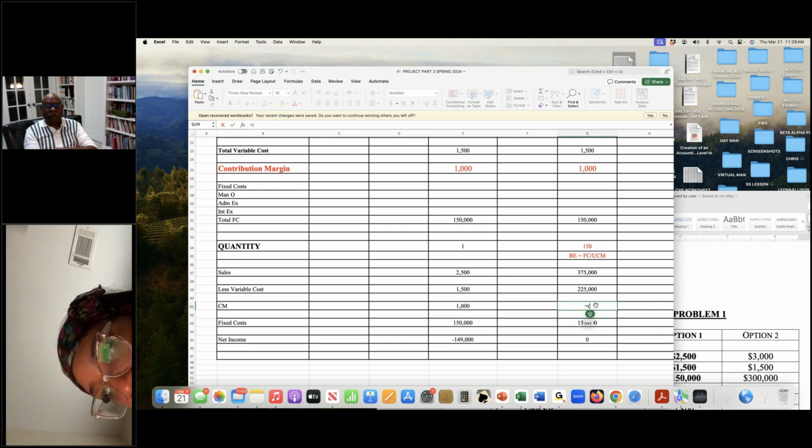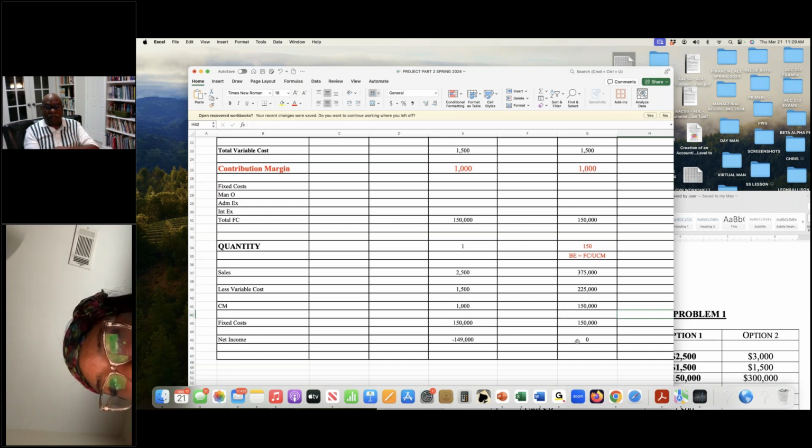That's one way to do it, or 150 times 1,000. But so we're going to get this minus 225, 150. Fixed cost is 150, and we'll just put our equation in.